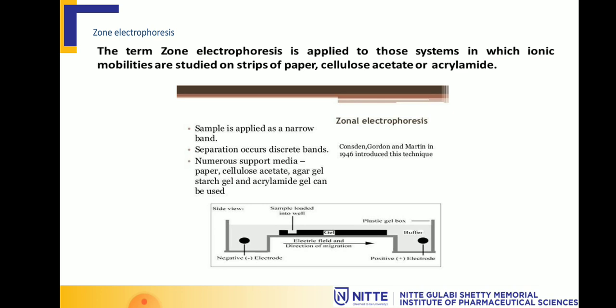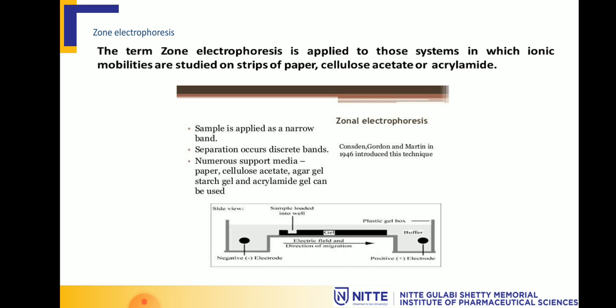So look here at the picture. I have shown the negative electrode, the positive electrode, and a buffer. I have talked about the importance of buffer in the previous class: what does a buffer do and why is it important?